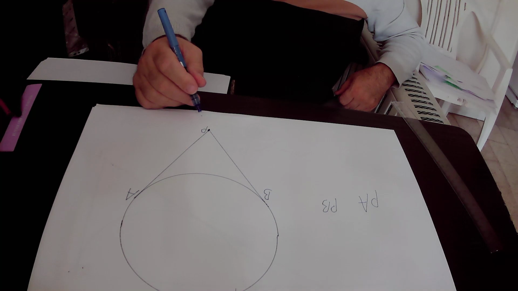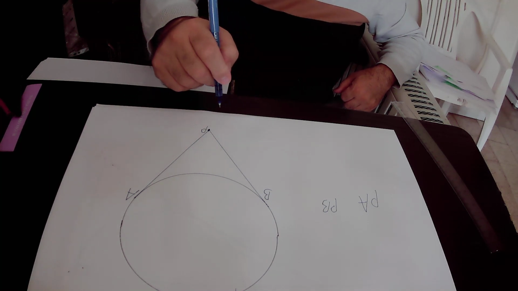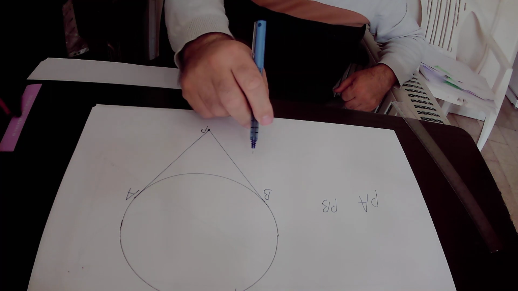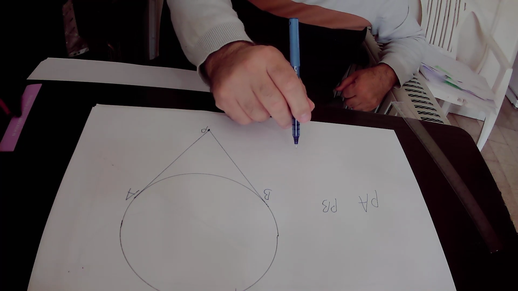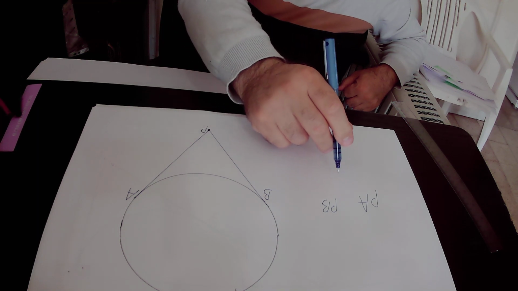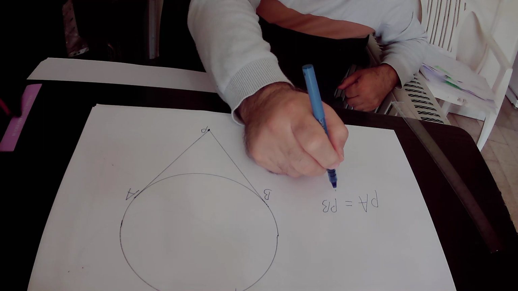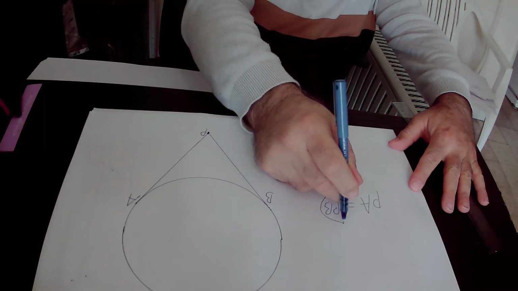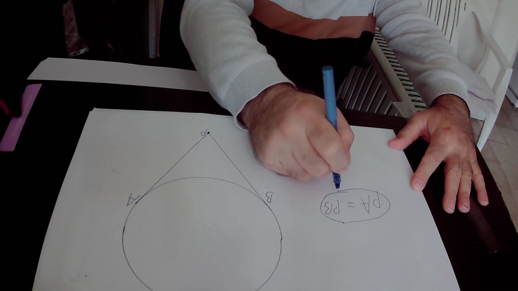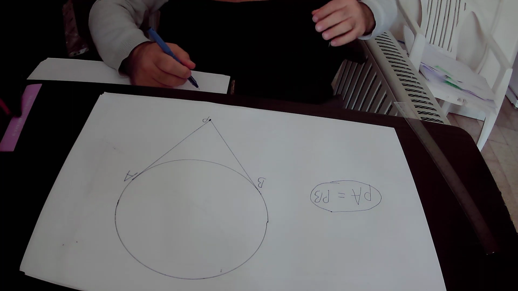So the length of the first tangent is PA, the length of the second tangent is PB, and according to rule number 1, those lengths are equal to each other. That is to say, the length of the first tangent equals the length of the second tangent. That is to say, PA equals PB.